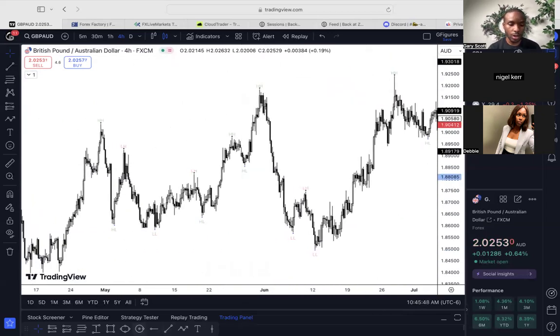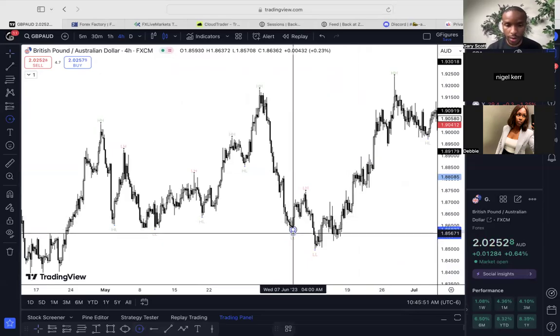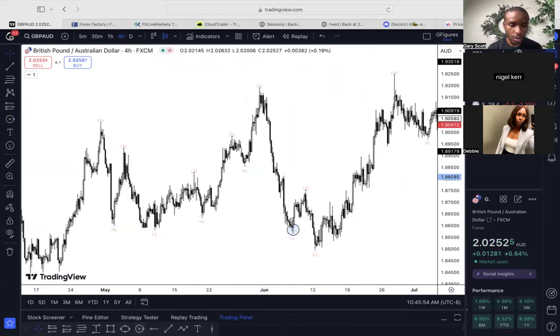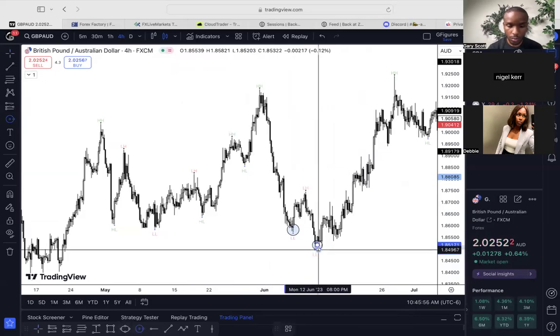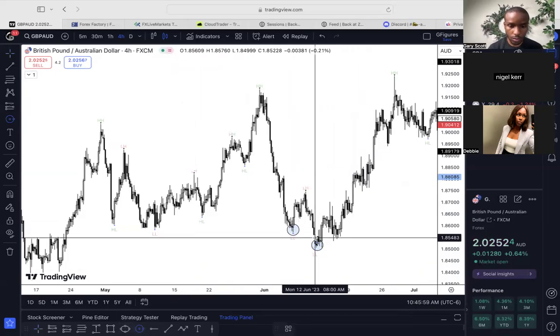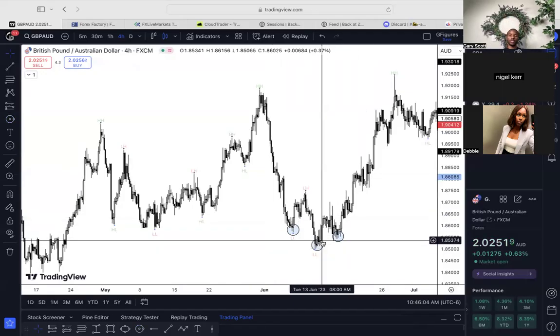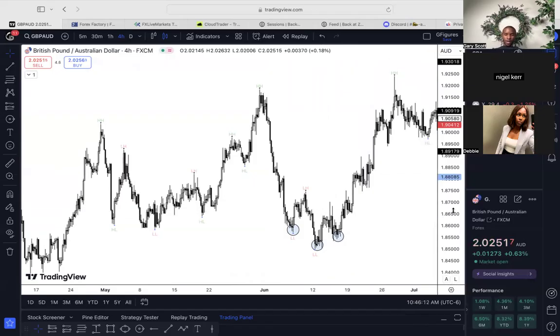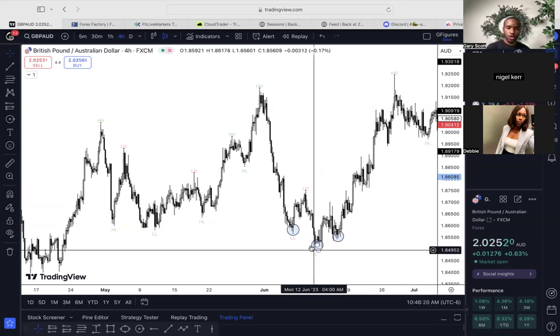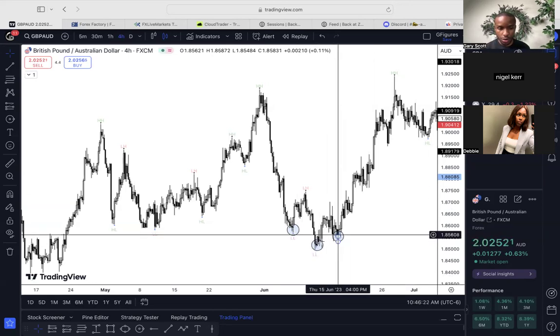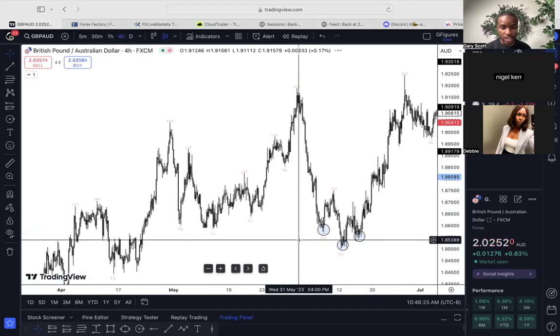Can anybody tell me what this particular market pattern is right here? If you say inverted head and shoulders, you are correct, because you have your shoulder, your head, and your shoulder. And where does that actually appear?